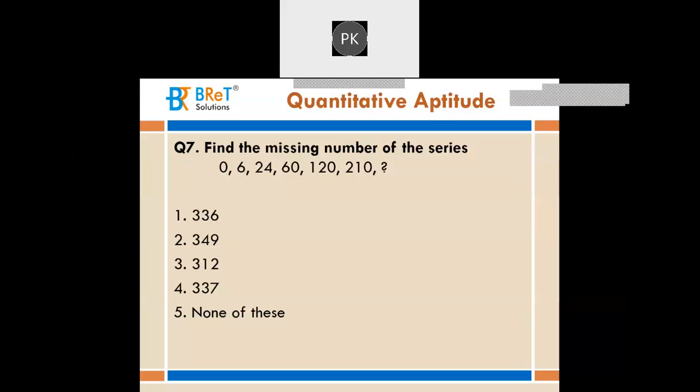Make it fast. Done. Now let's go for the solution, guys, because I cannot waste too much time on this.